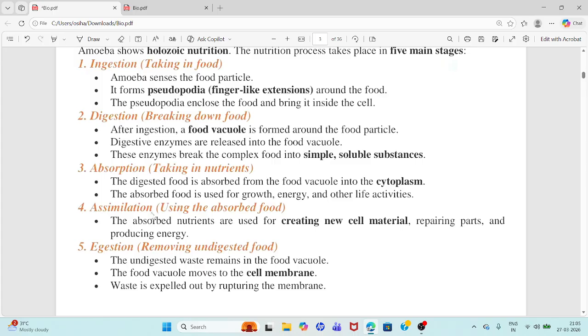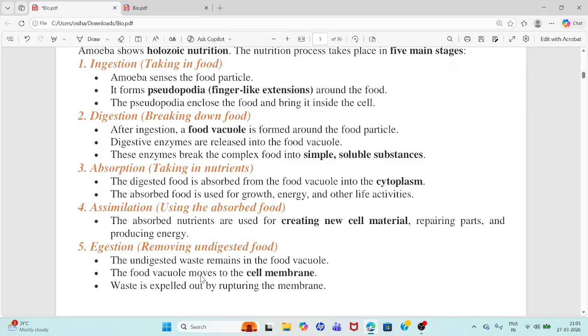Fourth stage, assimilation, using the absorbed food. The absorbed nutrients are used for creating new cell material, repairing parts, and producing energy. Fifth stage, egestion, removing undigested food. The undigested waste remains in the food vacuole.